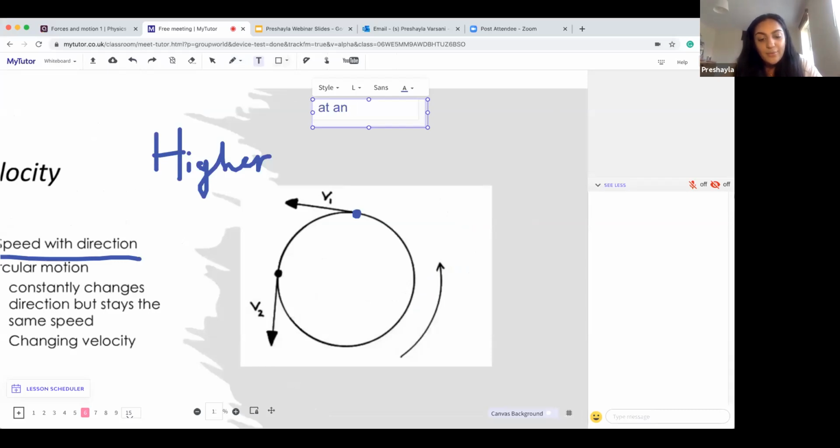At any given point or time, the velocity of the object, could be a car, could be something else, is in the direction of the tangent to the circle at that point.